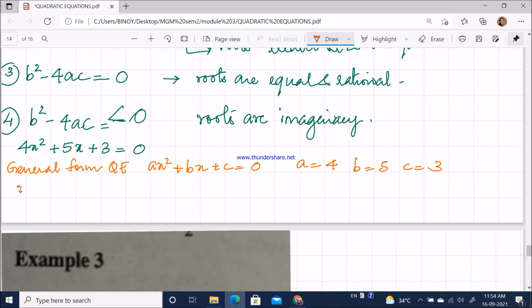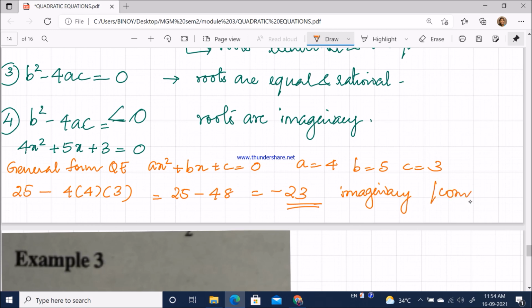So 25 minus 4 into 4 into 3, that is 16 into 3, which is 48. So 25 minus 48 will get minus 23. So it is an imaginary root, or we can say it is a complex root.